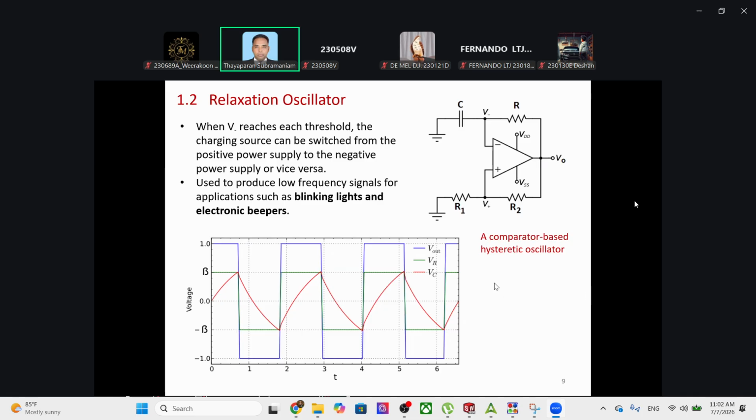So some blinking lights and electronic beepers are applications using this. You can create beepers or electric blinking lights when necessary. So how do you handle the supply voltage now?